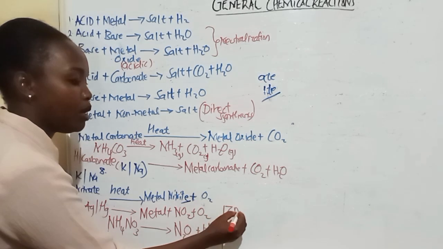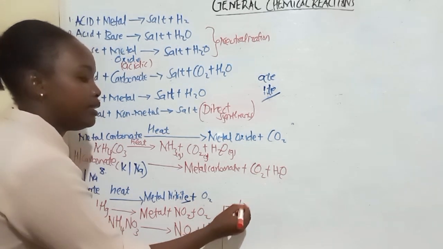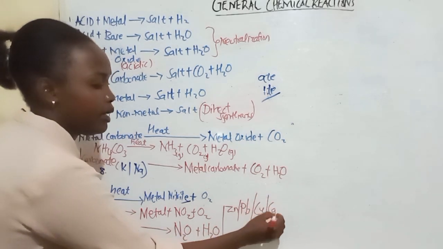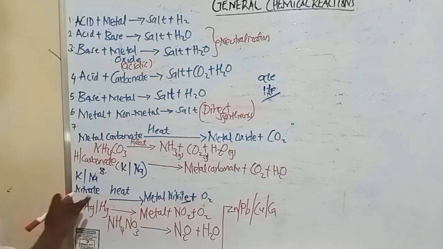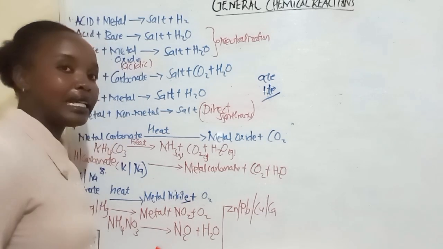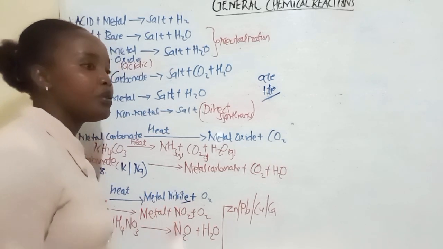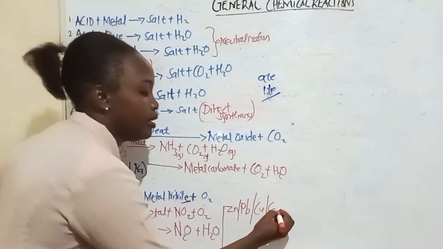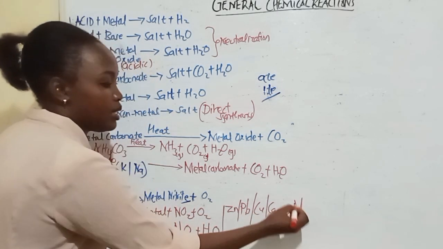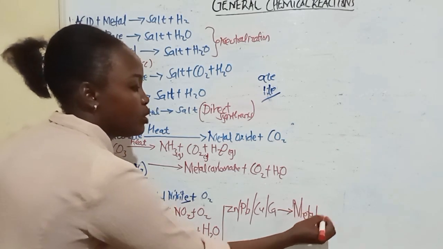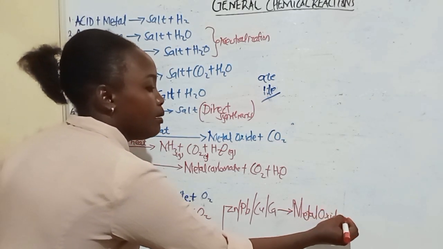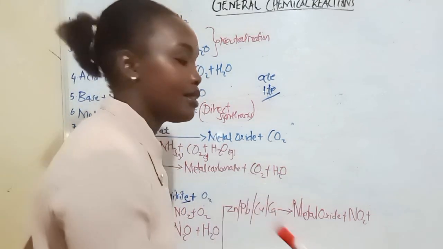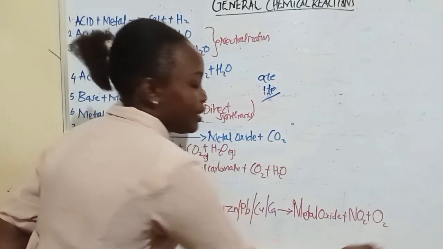When you're decomposing zinc, lead, copper, and calcium nitrate, if you heat them, the products that you're going to form are going to be your metal oxide plus nitrogen 4 oxide plus oxygen gas.